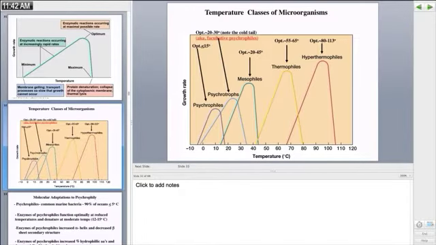The thermophiles, I touched on those a little bit when I went off on Thermus aquaticus. Thermus aquaticus, that bacterium isolated in Yellowstone National Park, is a thermophile. It has an optimal temperature, actually a little bit higher than this, at about 72 degrees, but thermophiles have optimal temperatures between 55 and 65. Once you move into the hyperthermophiles, there aren't even bacteria, for the most part, that survive much higher than that.